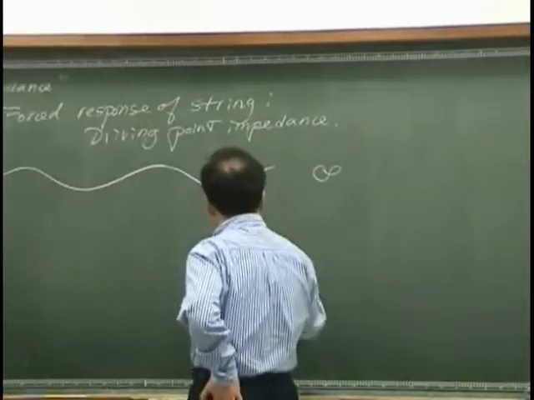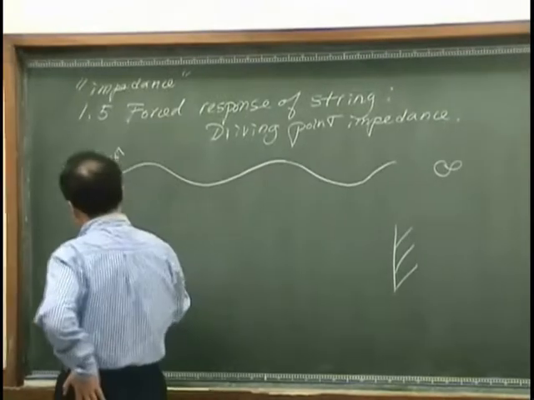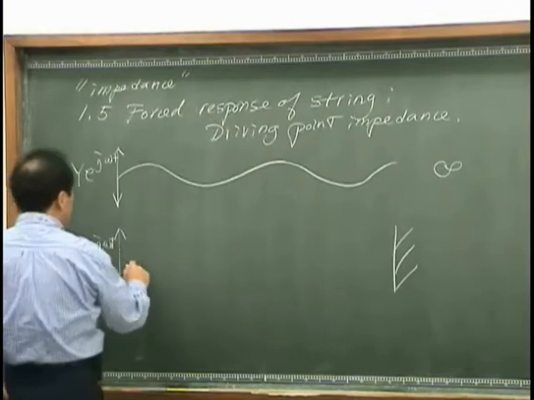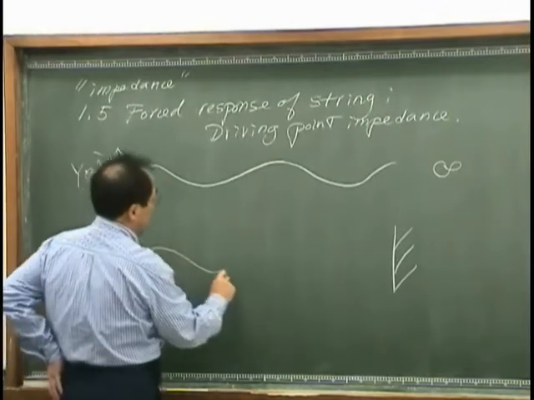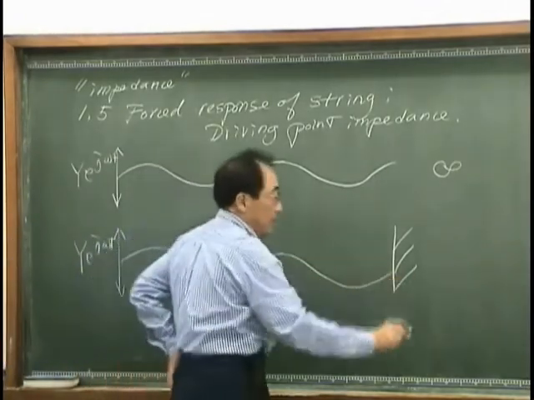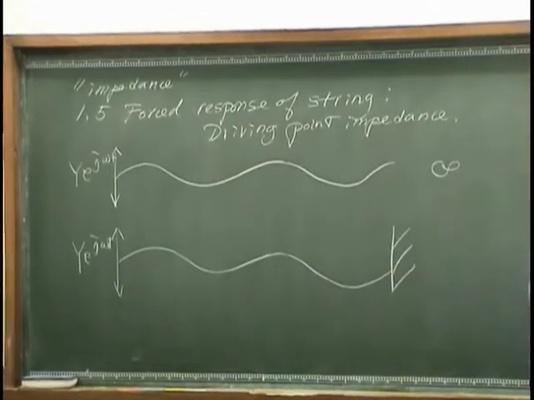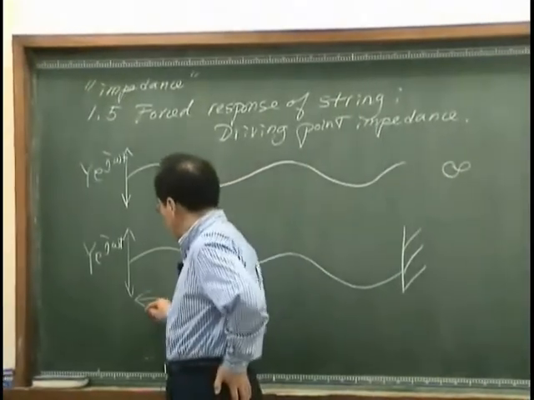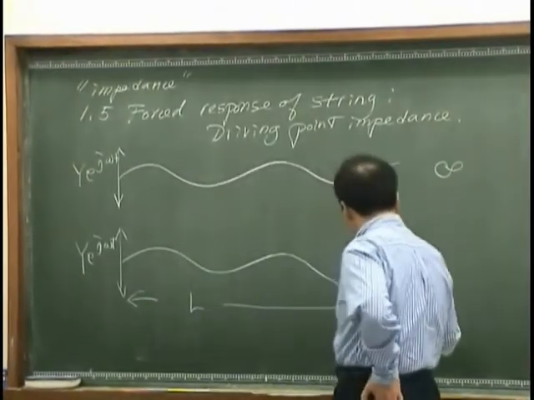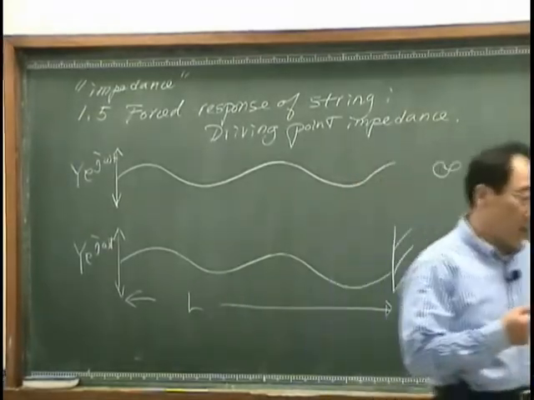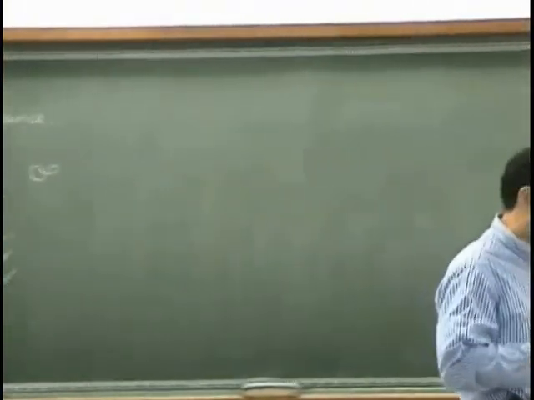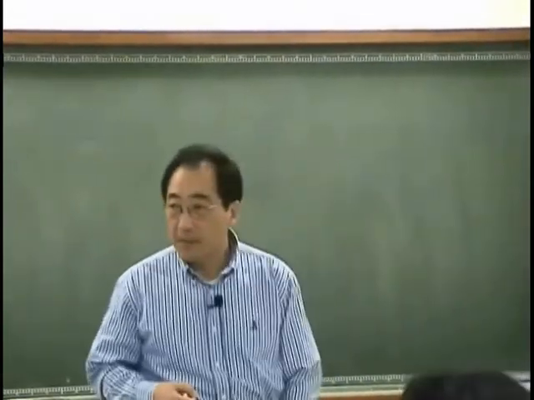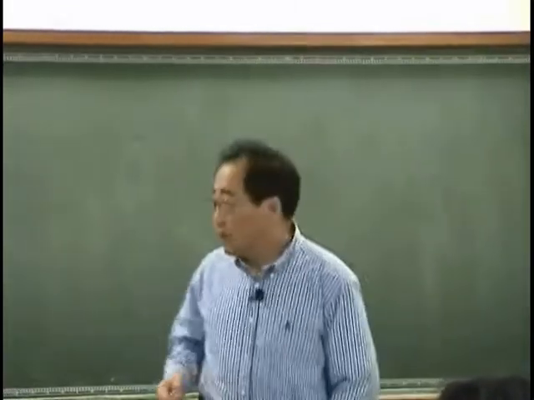And what if we drive the string at one end, but the string is terminated over here, I suppose this is length L. And what we can guess is what we feel at x equals 0 would be different.